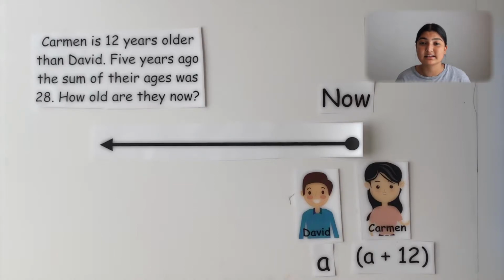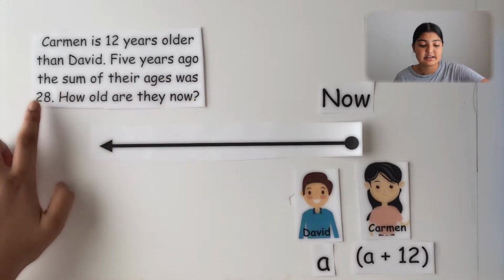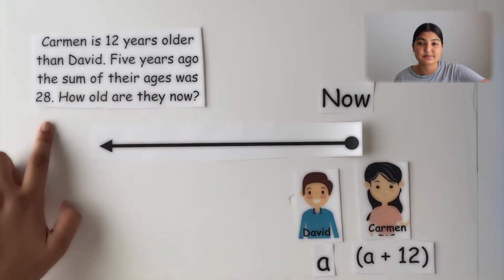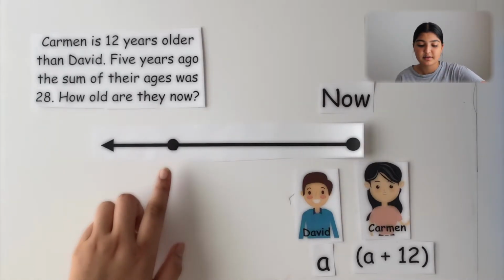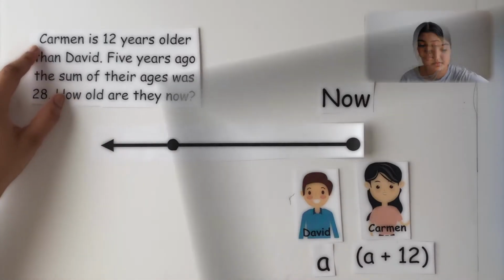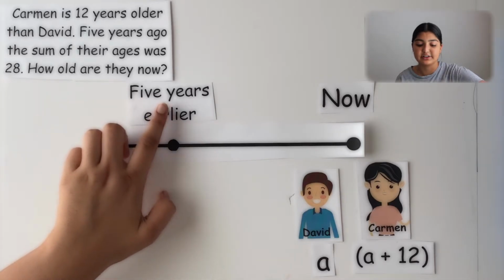Now let's read the next part of the question. 5 years ago, the sum of their ages was 28. So let's go 5 years back in time. We can make that point here on our number line and label it as 5 years earlier.